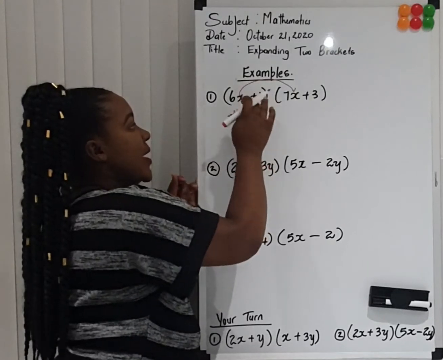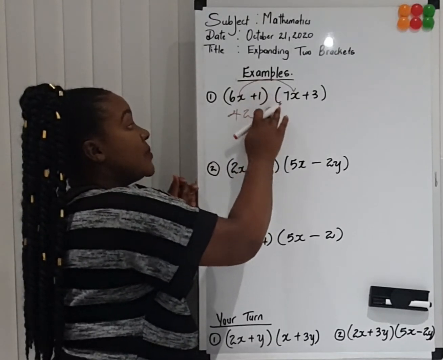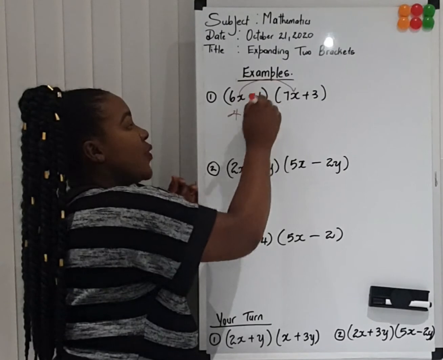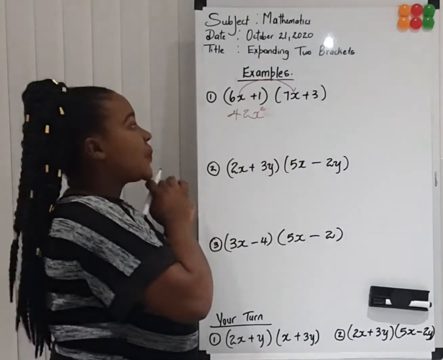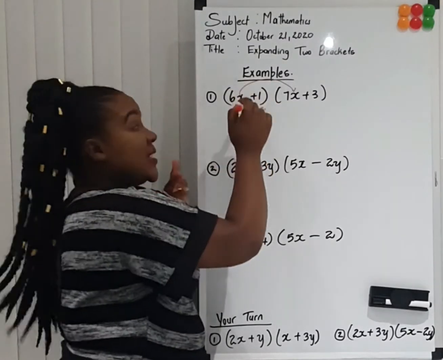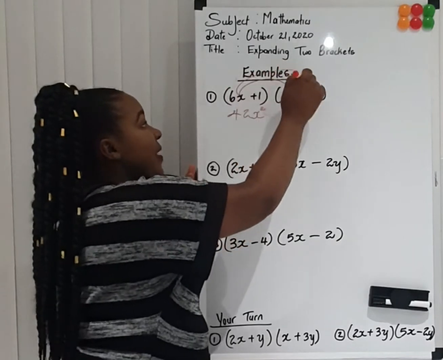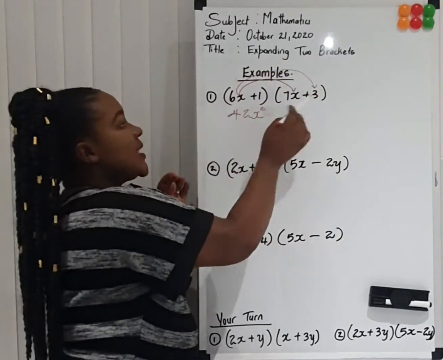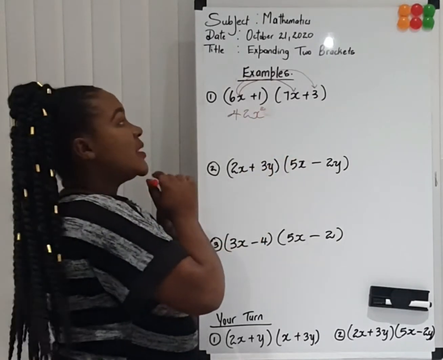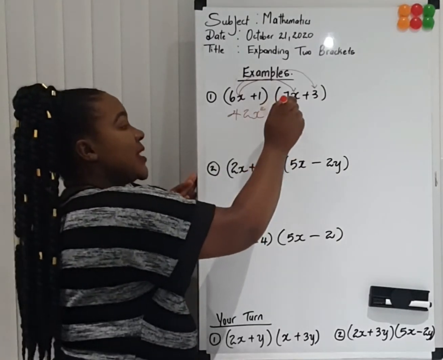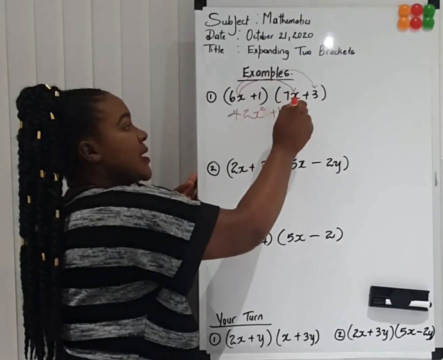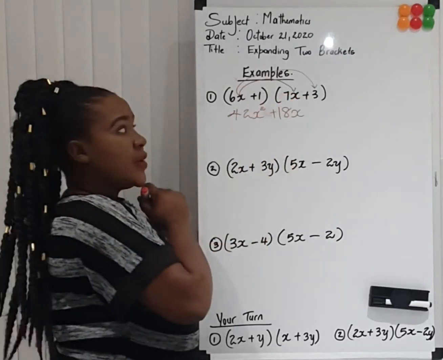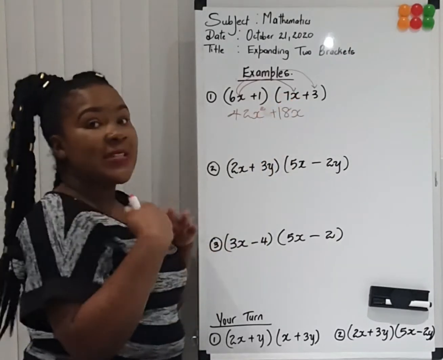So 6x times 7x is 42x squared. Then the same 6x multiplies the next term, which is 3. So 6x times 3 gives us 18x. So that's plus 18x. Good. Now we're finished with our 6x.